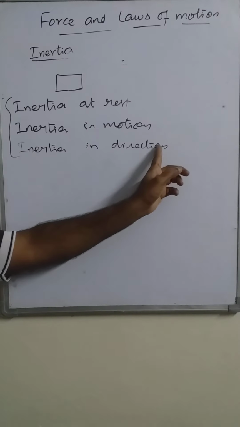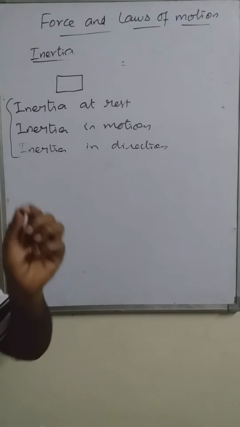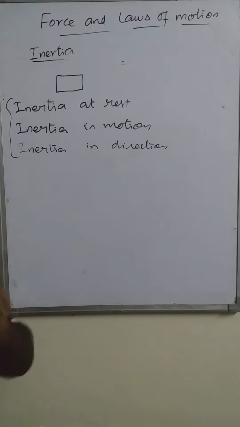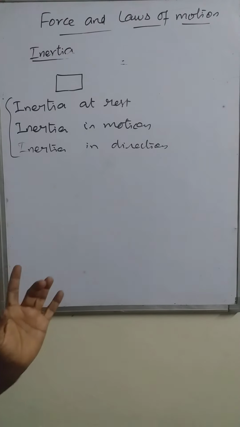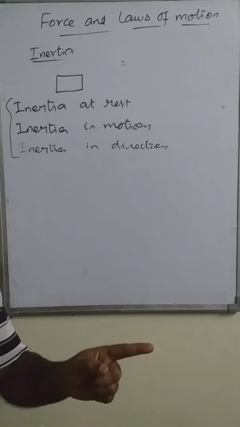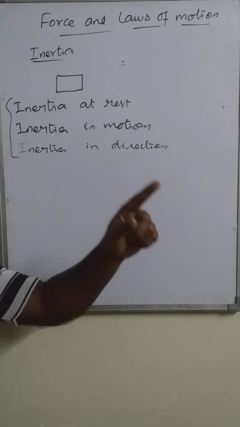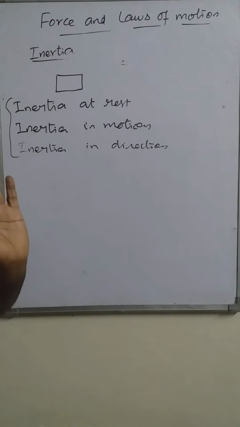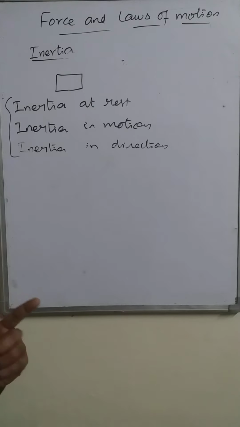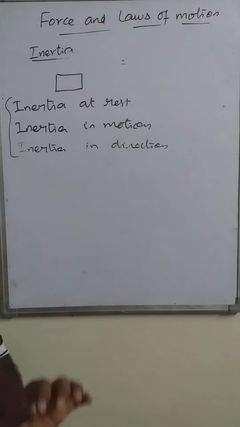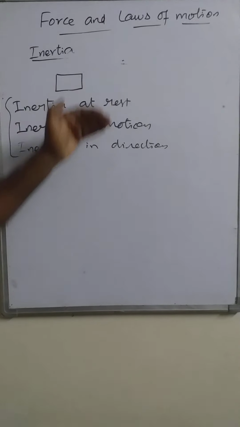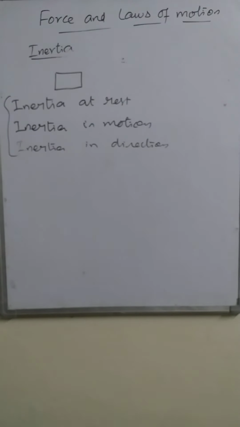Inertia in motion: if an object is in motion, it will be in uniform motion, meaning its speed remains the same, unless compelled by an external unbalanced force. If an object is moving in a direction, it will move in the same direction unless compelled by an external unbalanced force. Separately, we can define these inertias.